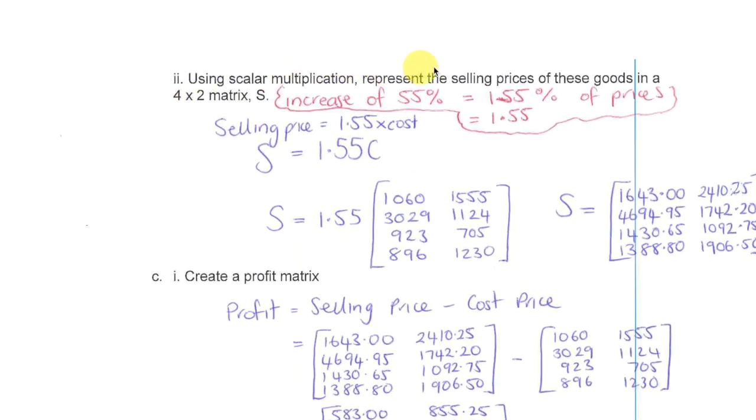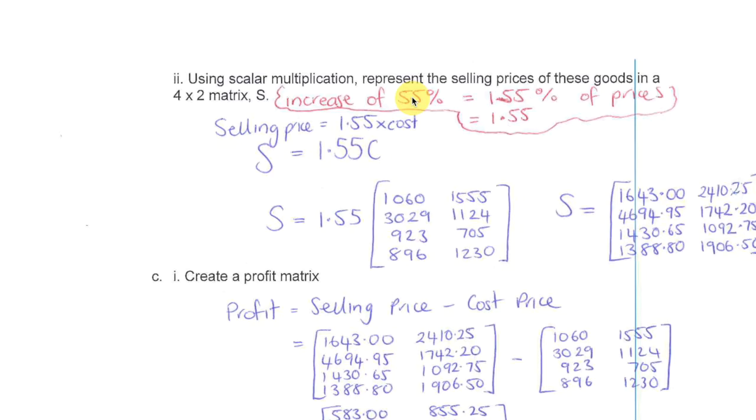Use scalar multiplication to represent a selling price of these goods. So the selling price, matrix S, will be 1.55 multiplied by the cost. Now that 1.55 just represents an increase of 55%. So an increase of 55%, if there was no change, we'll just simply multiply the cost matrix by 1.